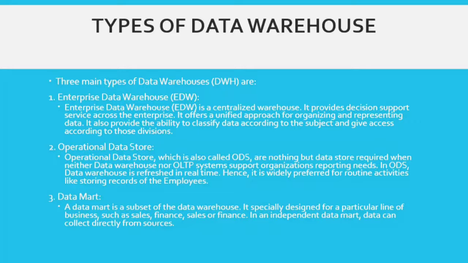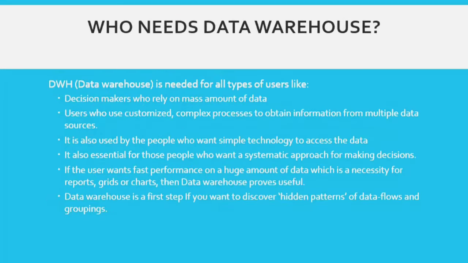Now let's understand who needs a data warehouse. So a data warehouse is needed by following types of users: the decision makers who rely on mass amount of data, the users who can use customized complex processes to obtain information from multiple sources. It is also used by people who want simple technology to access data.